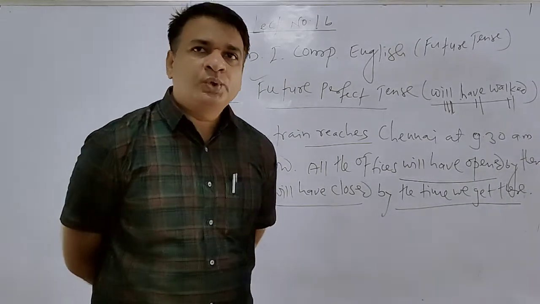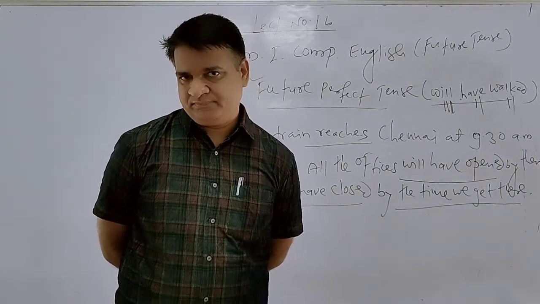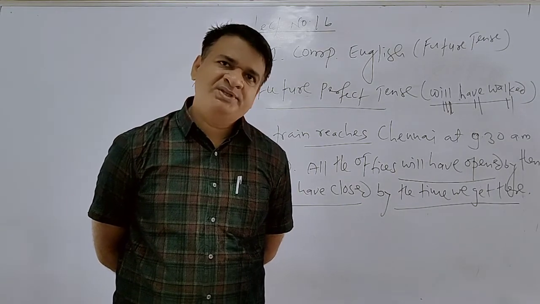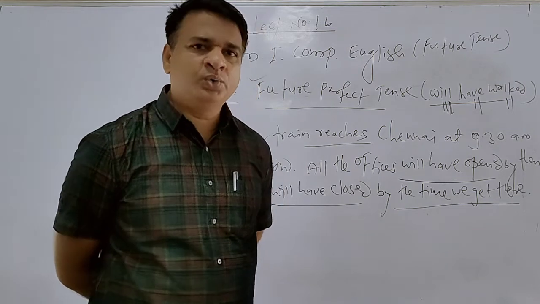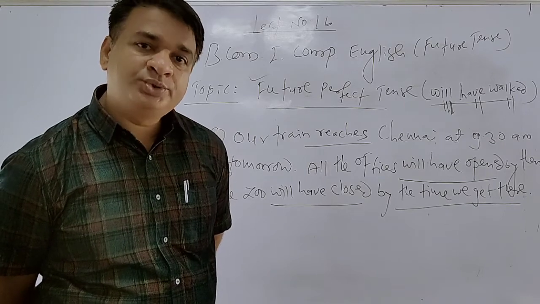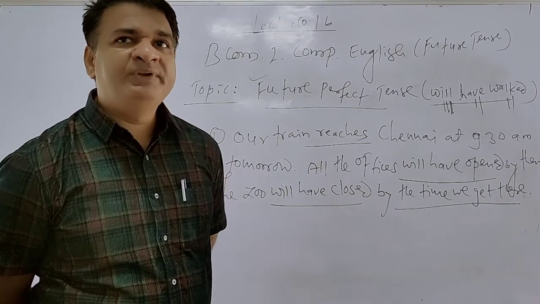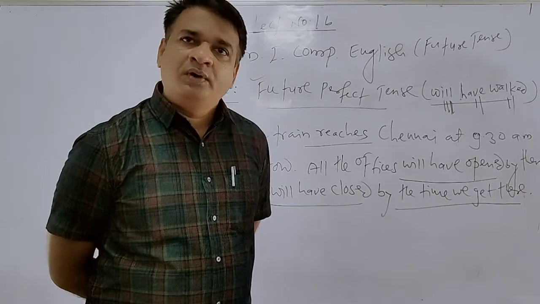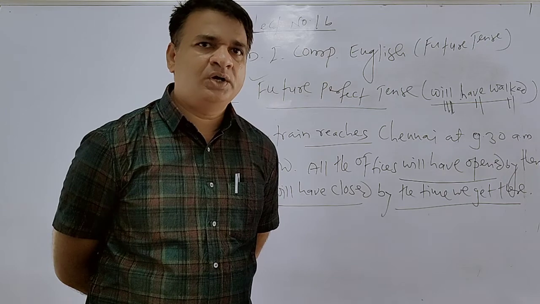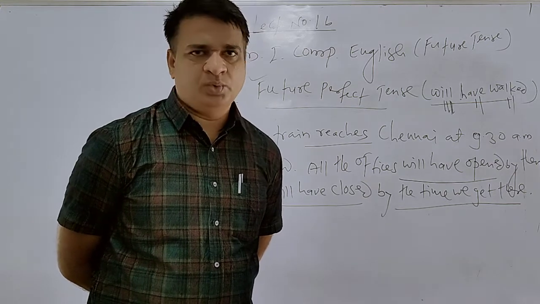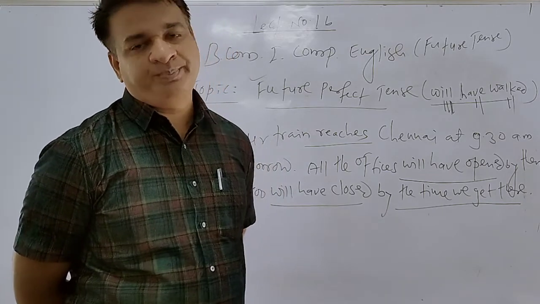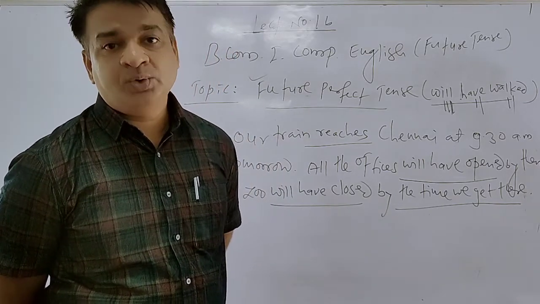Suppose the zoo's closing time is 5 p.m. in the evening. It opens around 10 and closes at 5. If someone is planning to go to the zoo around 4:30, we will simply say, if we go there, it's now 4:30 and we will reach there around 5 p.m., and 5 p.m. is the closing time of the zoo.